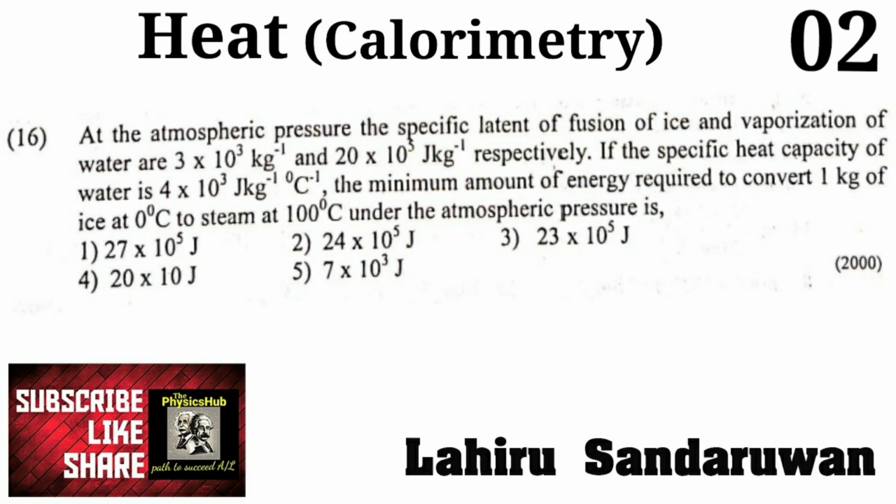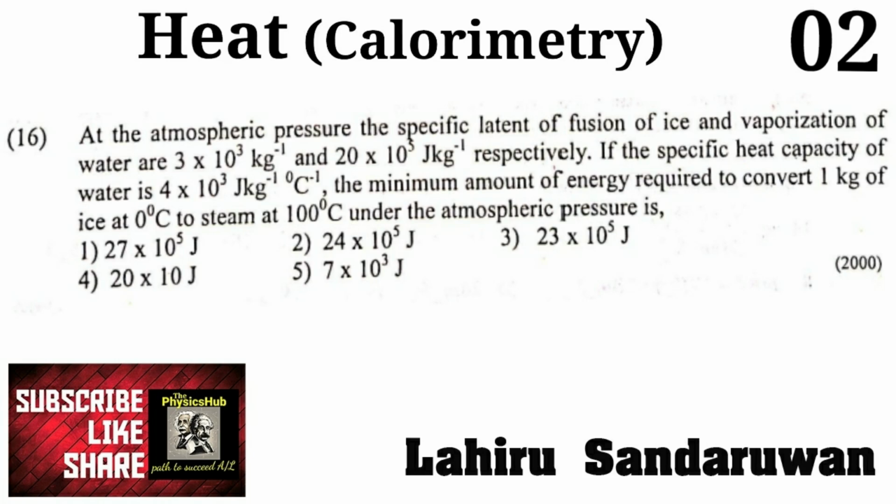At atmospheric pressure, the specific latent heats of fusion of ice and vaporization of water are 3 into 10 to the power 5 and 20 into 10 to the power 5 respectively.